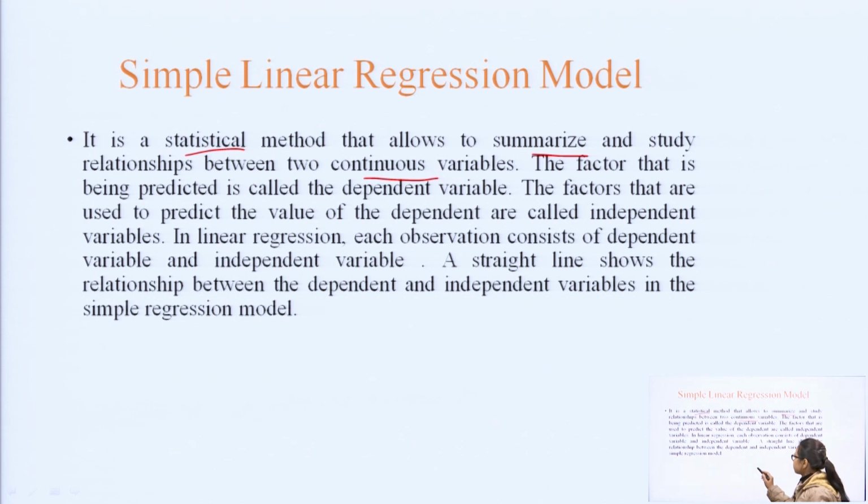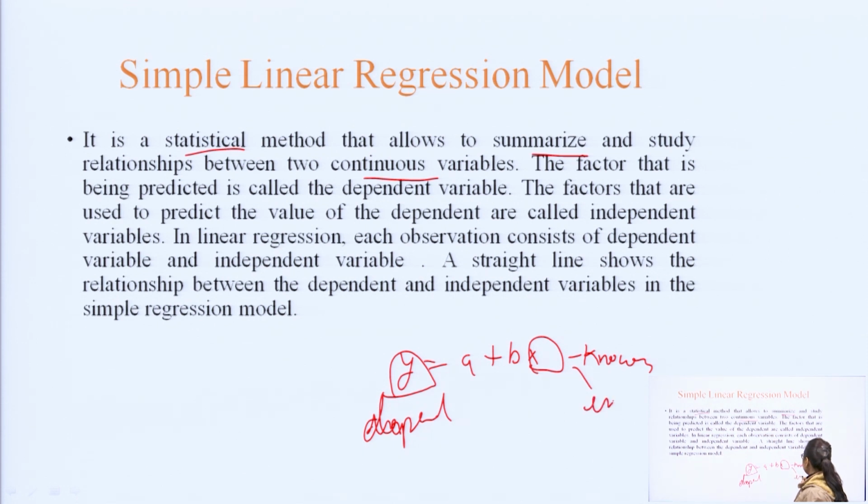It means y equals a plus b x; y is the unknown value and it is dependent on x, which is the known value. So, this is dependent and this is independent. The factors that are used to predict the value of the dependent are called independent variables. It means this is independent.